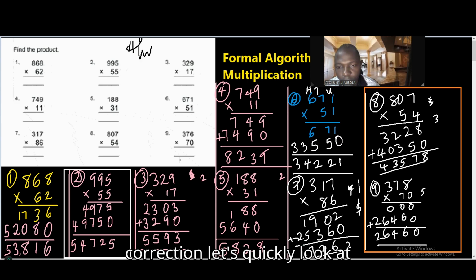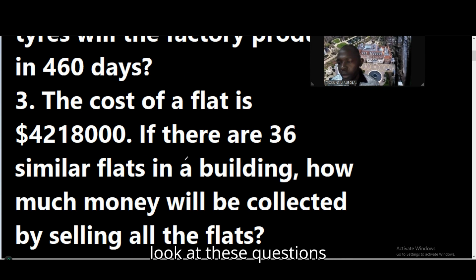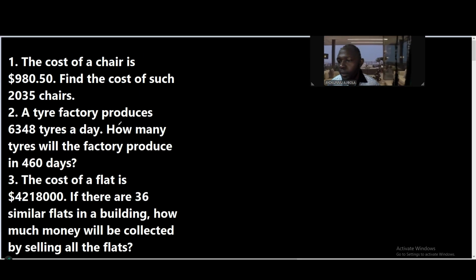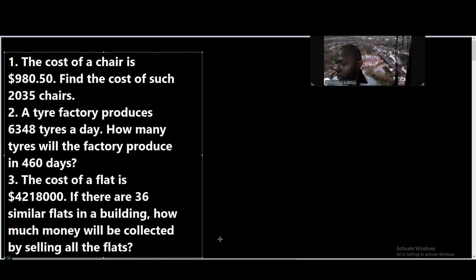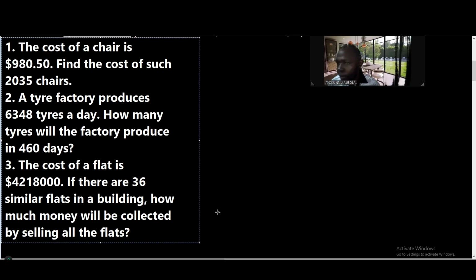But before you do the correction, let's quickly look at something here. We're going to look at these questions up here. This is the classwork. So I'm going to move it to the next page and see.